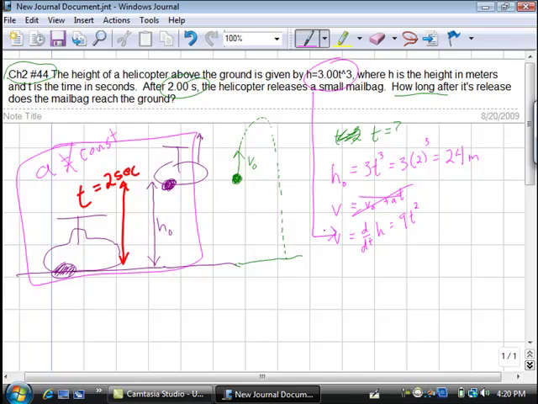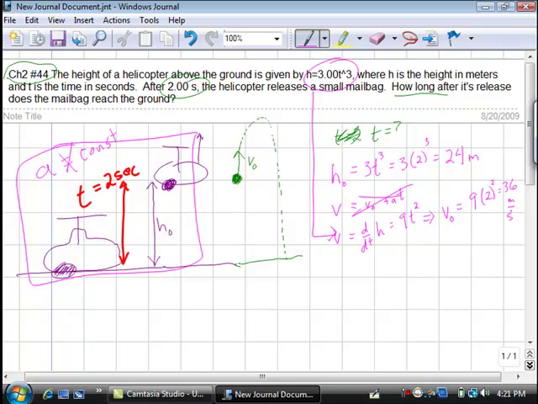At 2 seconds, that would give us the initial speed of the mailbag: 9 times 2 squared, which is equal to 36. And it's upwards, and that's meters per second.